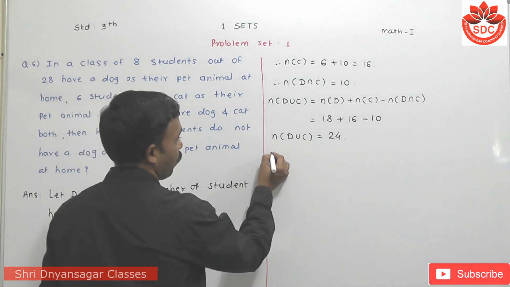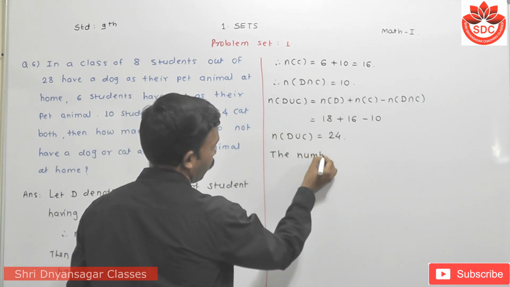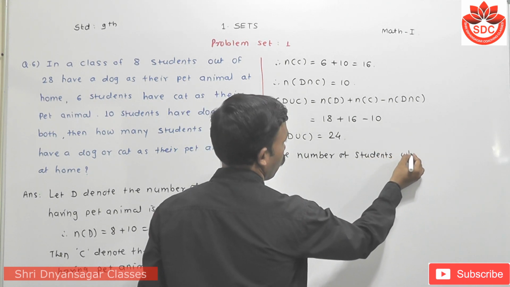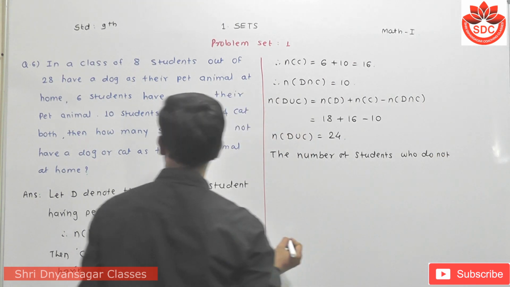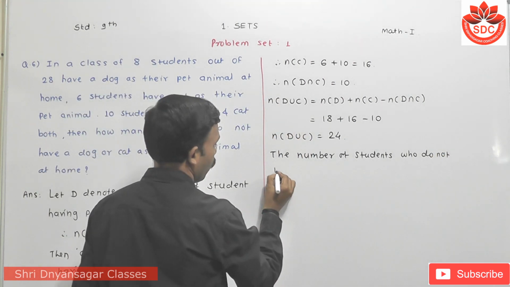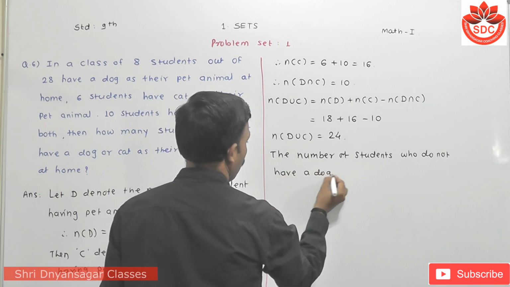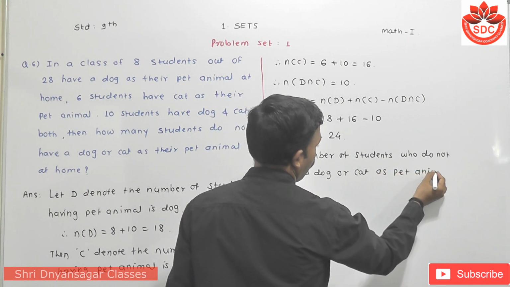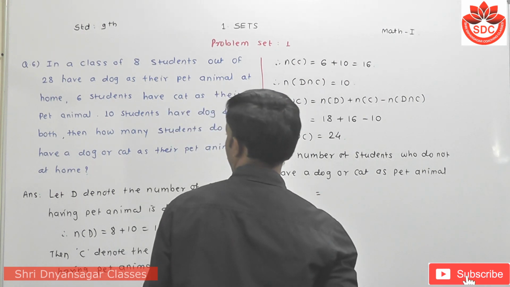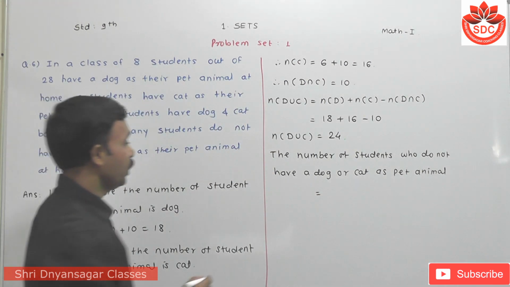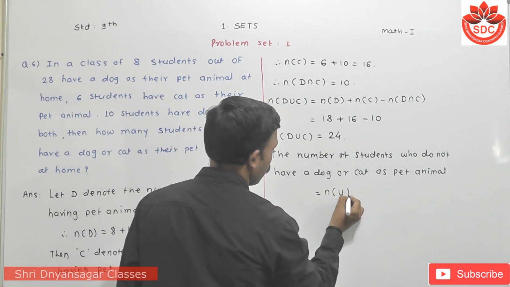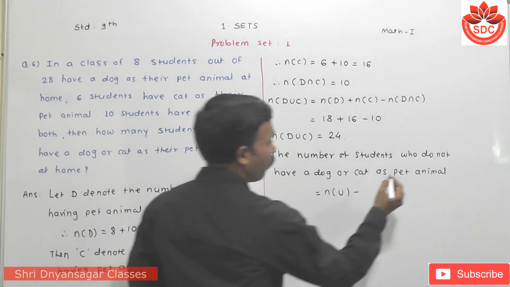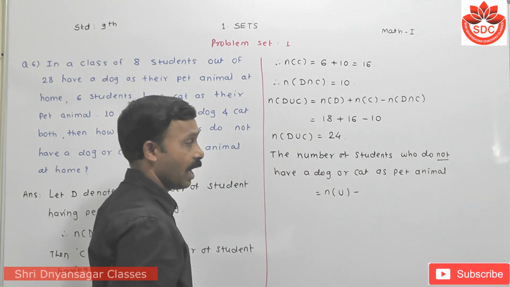Now for this, the number of students who do not have a dog or cat as pet animal is equal to, here the total number of students is 28, that means n of U, minus, here we have to subtract this one because here we have to find out those who do not have a dog or cat as pet animal.